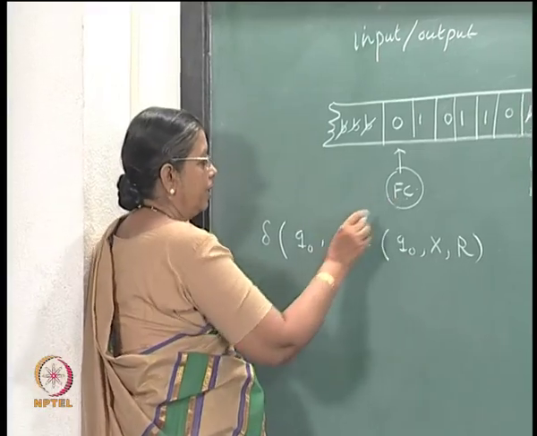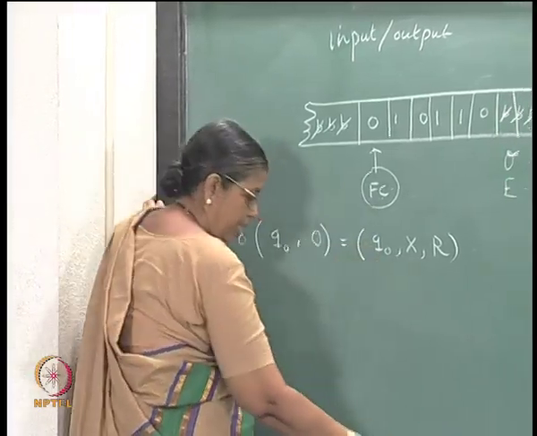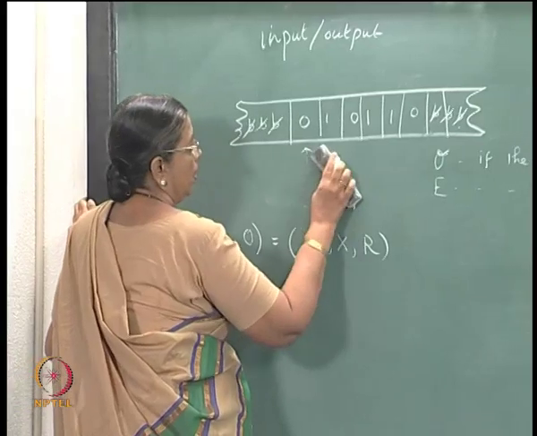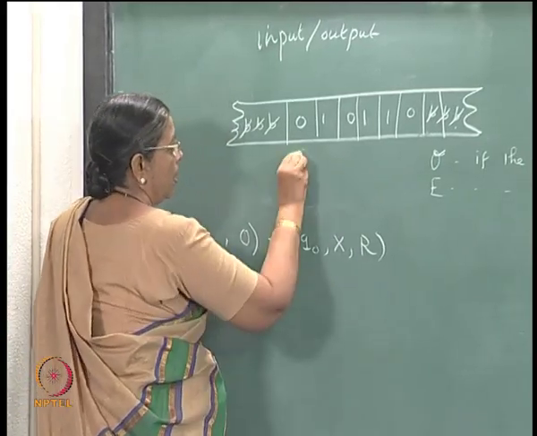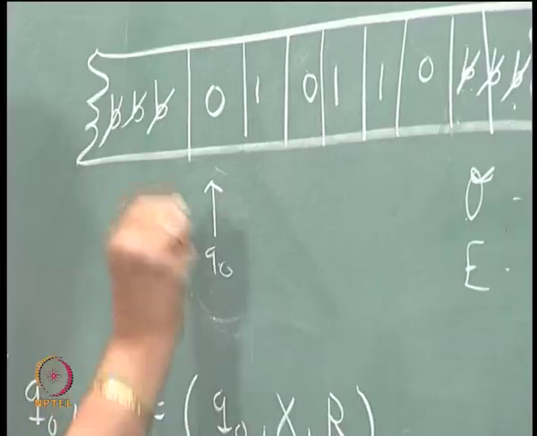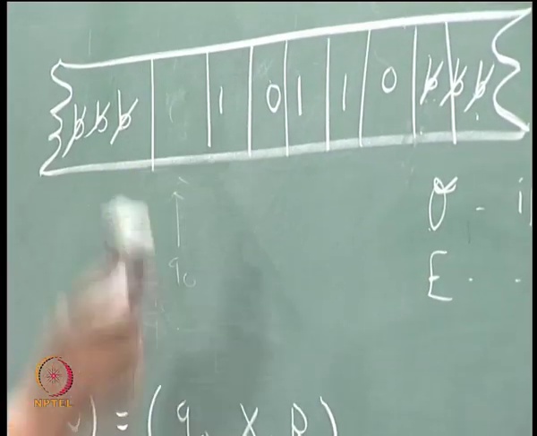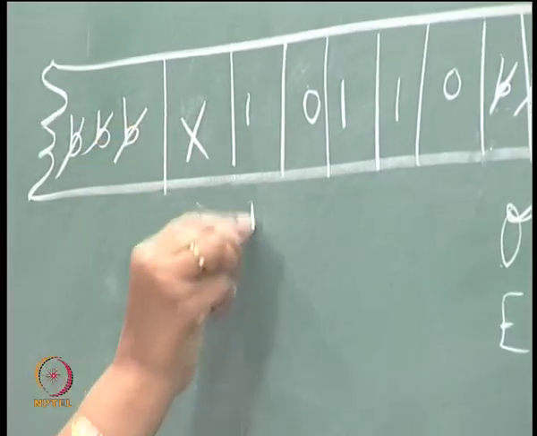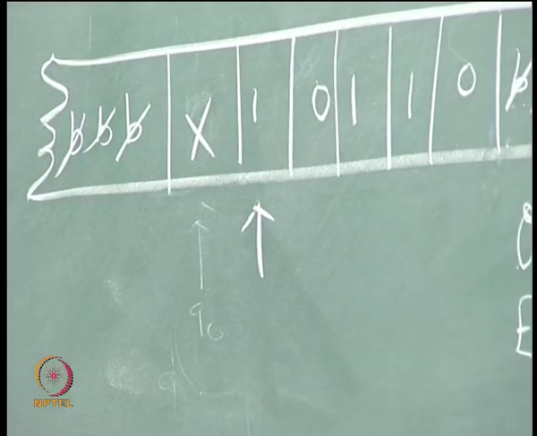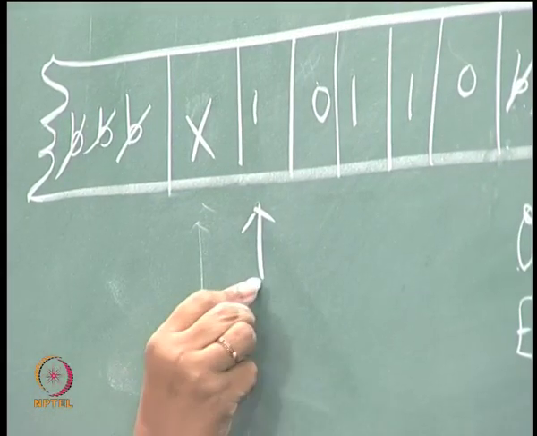So, in state q naught, if it sees a 0, it changes that 0 into an x and moves right in state q naught.